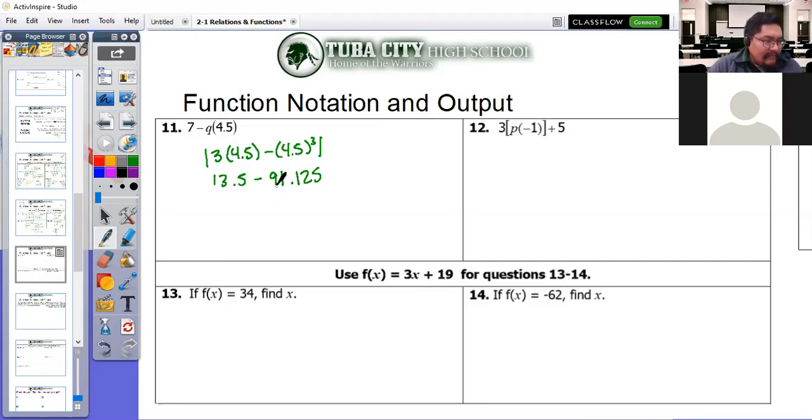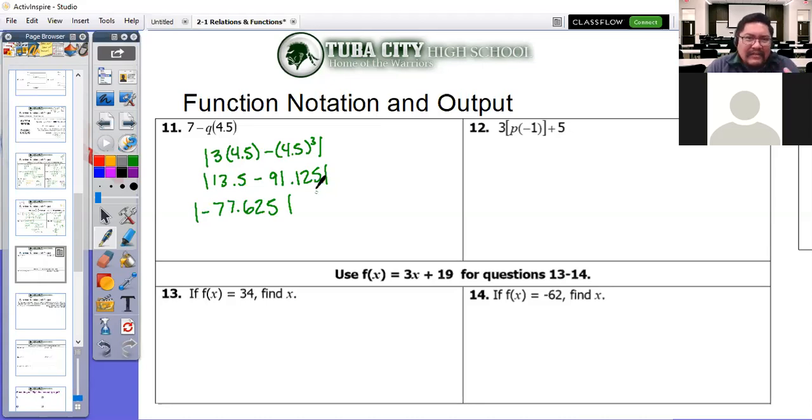And then let's go ahead and I'm going to multiply this out. So I get 77.625 if I subtract this from that. And it's going to be negative. And I forgot to put the little absolute value things on there.